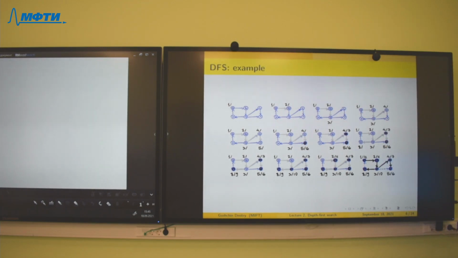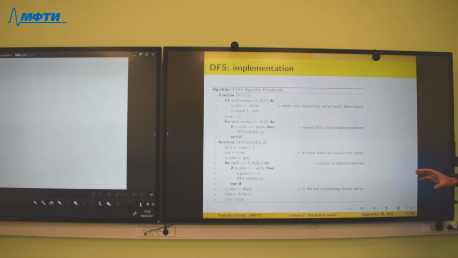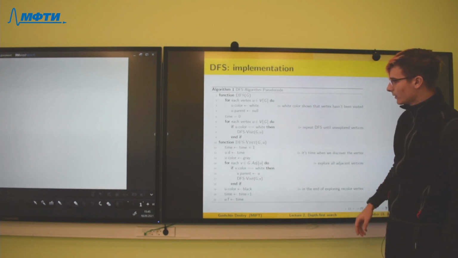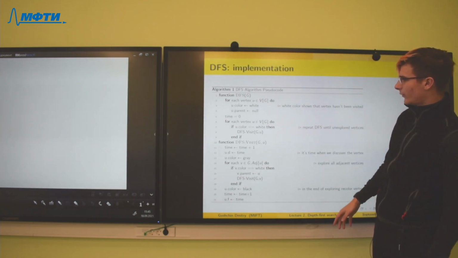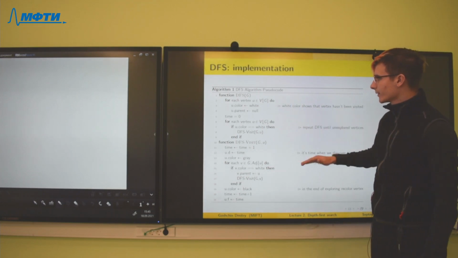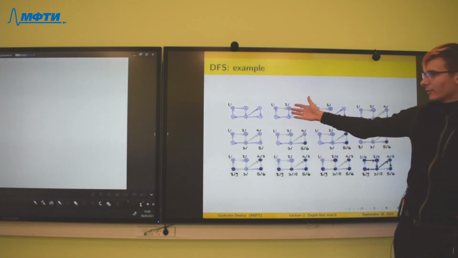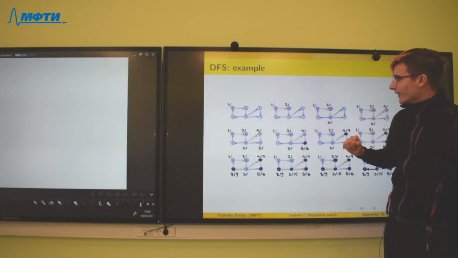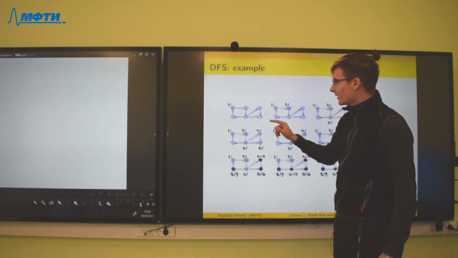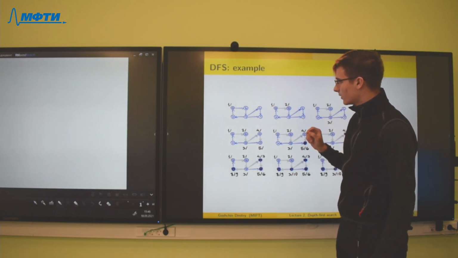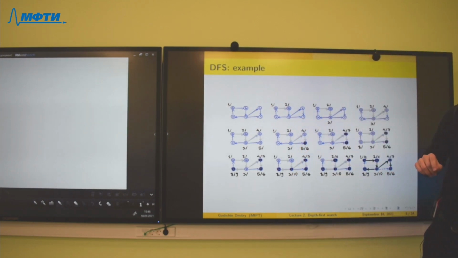So, for example, looking at the pseudocode of the algorithm, at the start all vertices of our graph are white vertices that have no times, as we see on this graph. Then we start with one vertex and say that its explore time is equal to 1.